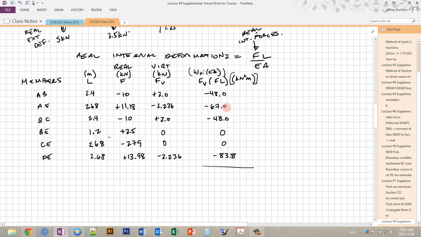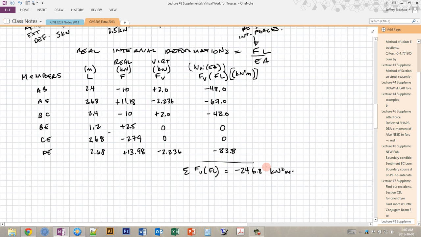So now these are the virtual work contributions times EA for each of the members individually, and we need to find the total virtual internal work. So we're going to do the sum of this, FV times FL, and that is -246.8, and that's kilonewtons squared meters.